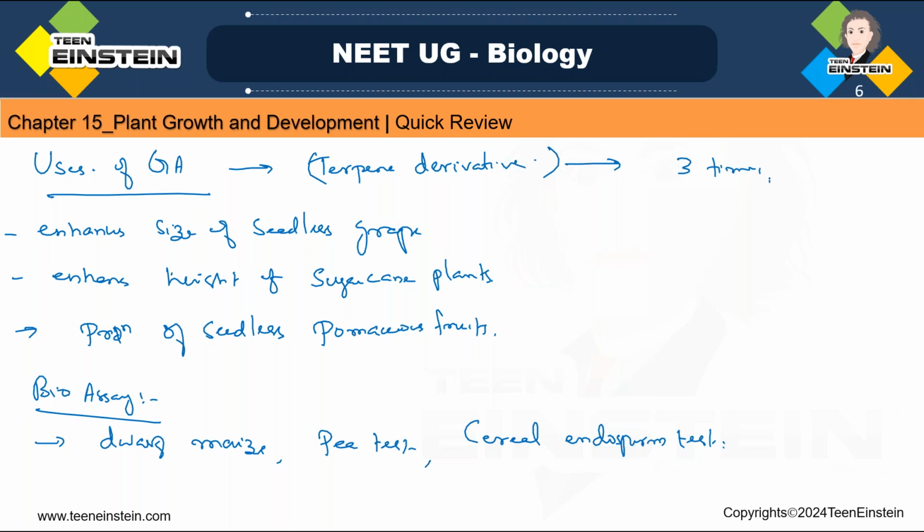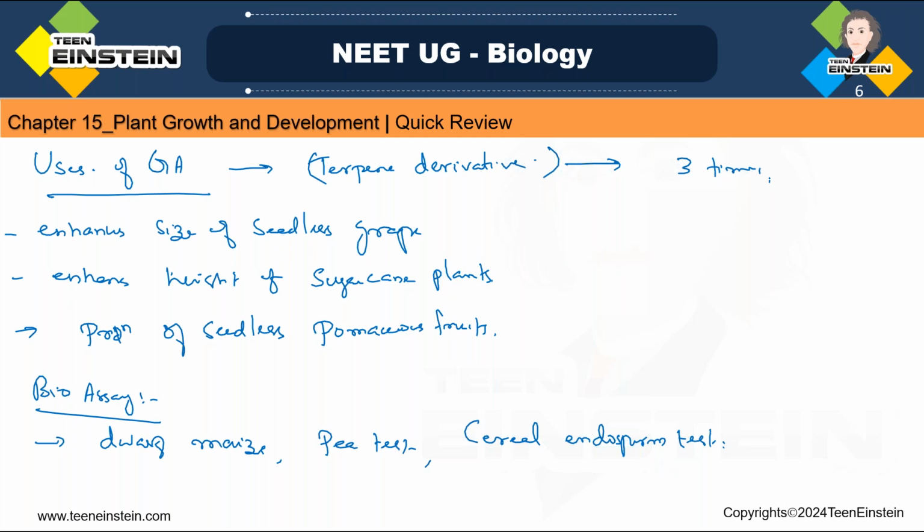Then you should move to the discovery. The Bakanae disease or foolish seedling disease of rice, which is caused by Gibberella fujikuroi, was discovered in Japan, and along with that, the discovery of gibberellins happened.